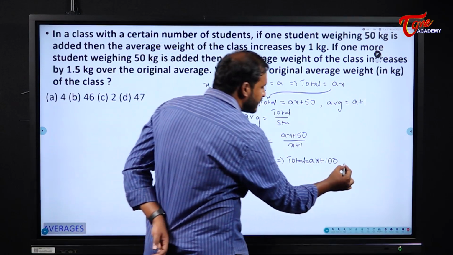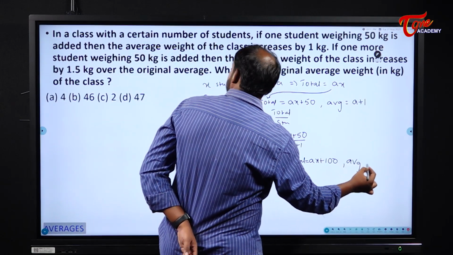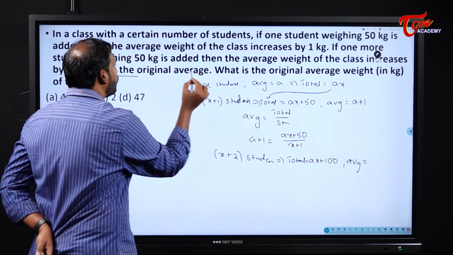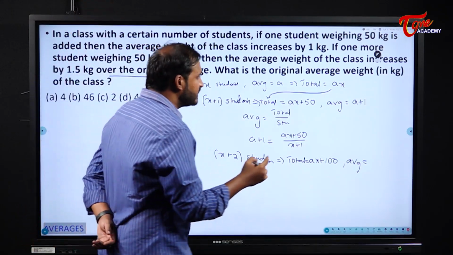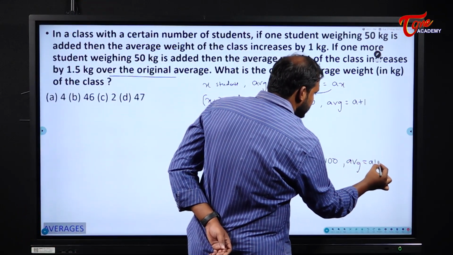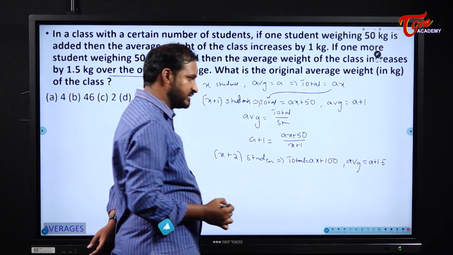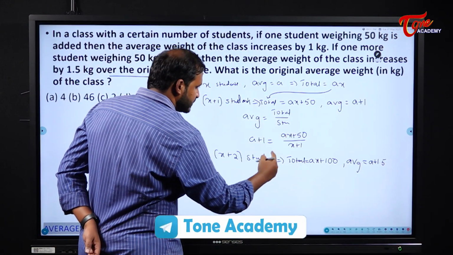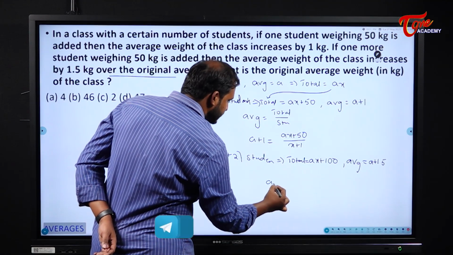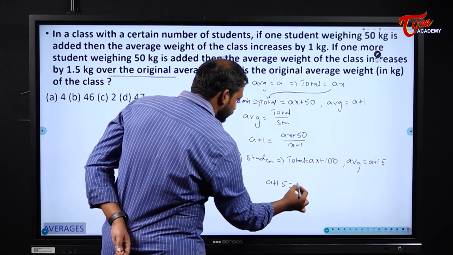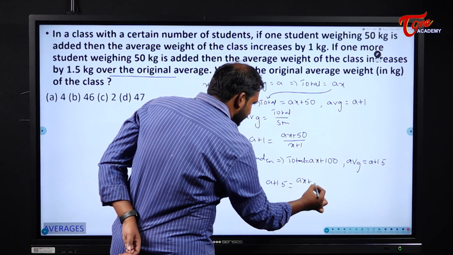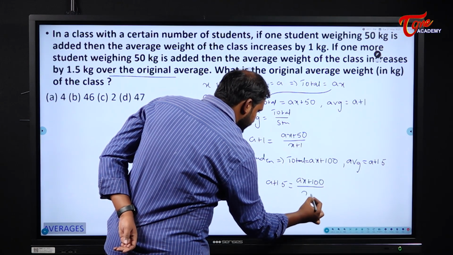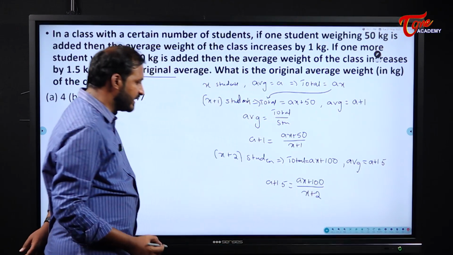But the average increases by 1.5 kgs over the original average, and the original average is A. So, from this logic, A plus 1.5 is equal to AX plus 100 by X plus 2.